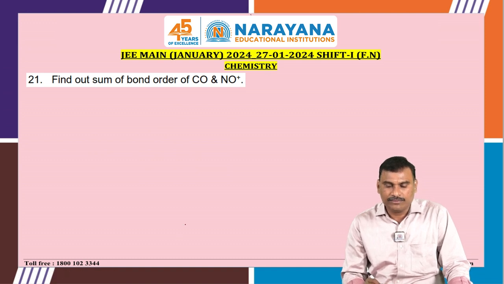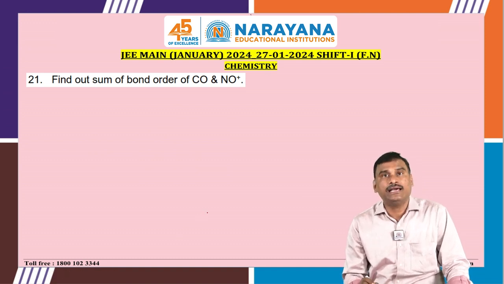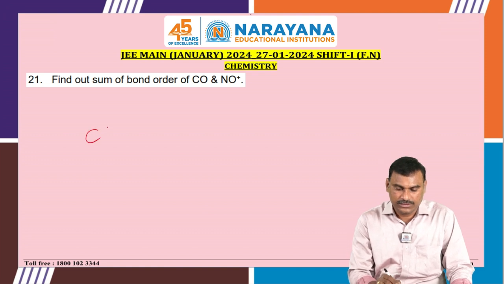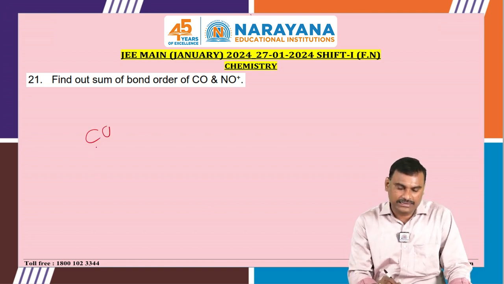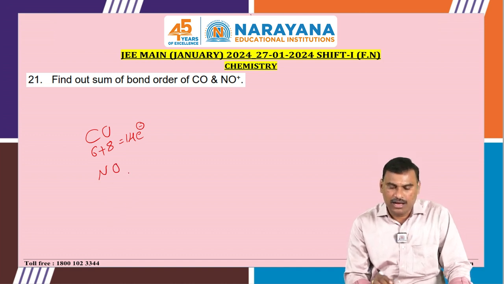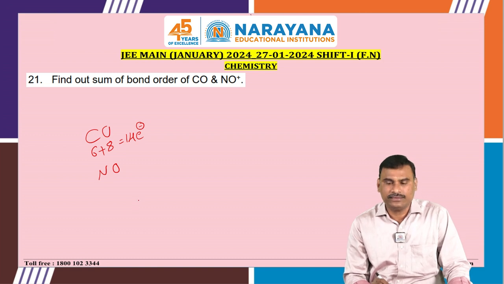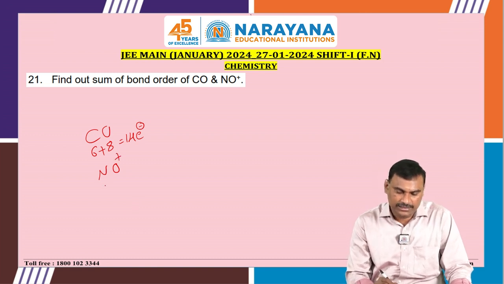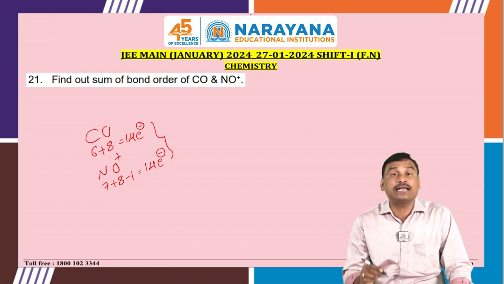Find out the sum of bond order of CO and NO+. CO has 6 plus 8, 14 electrons. NO has nitrogen 7 plus oxygen 8, 15, but NO+ is 7 plus 8 minus 1, again 14 electrons. Both have 14 electrons.